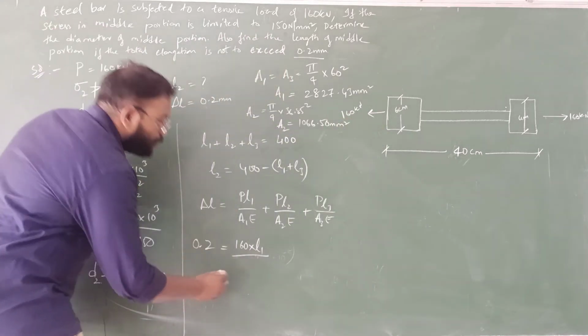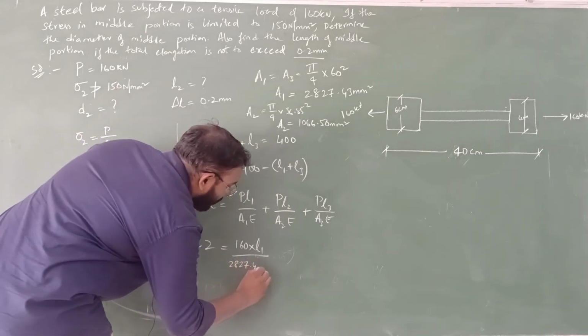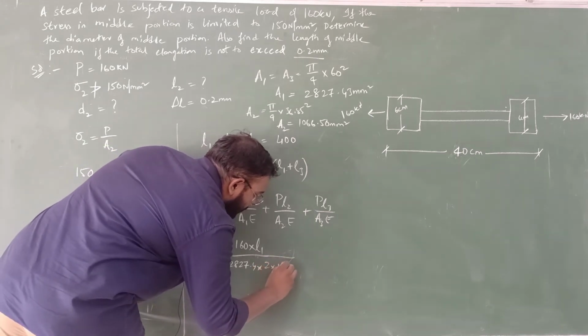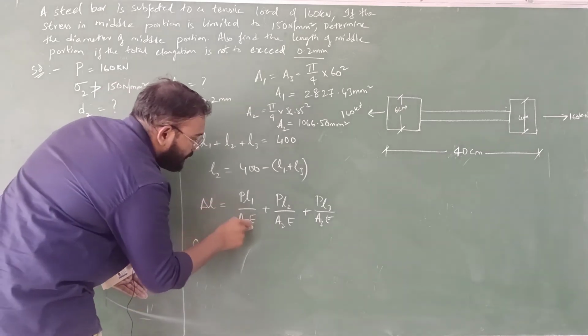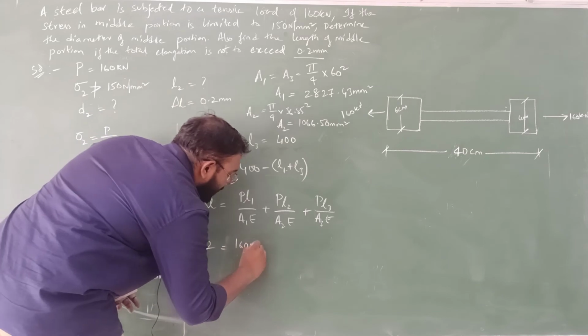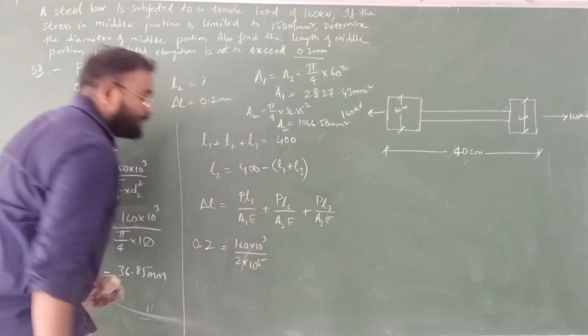We'll take P by E common: 160 into 10 power 3 divided by 2 into 10 power 5.